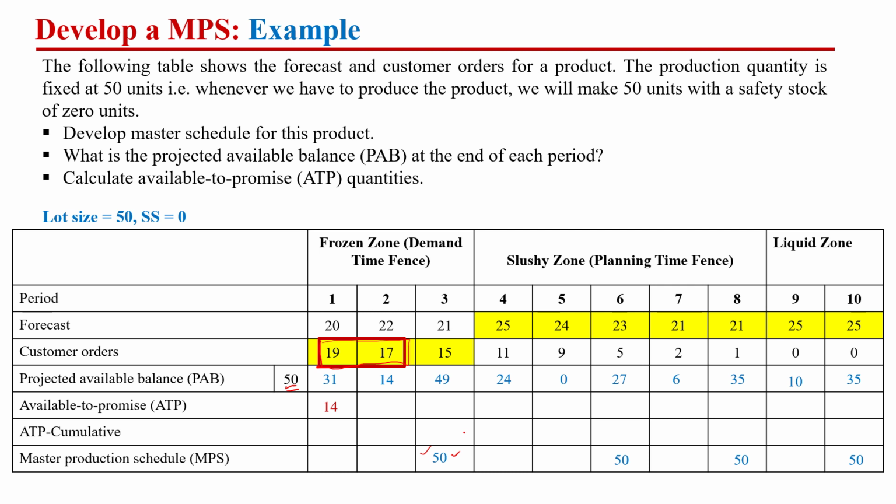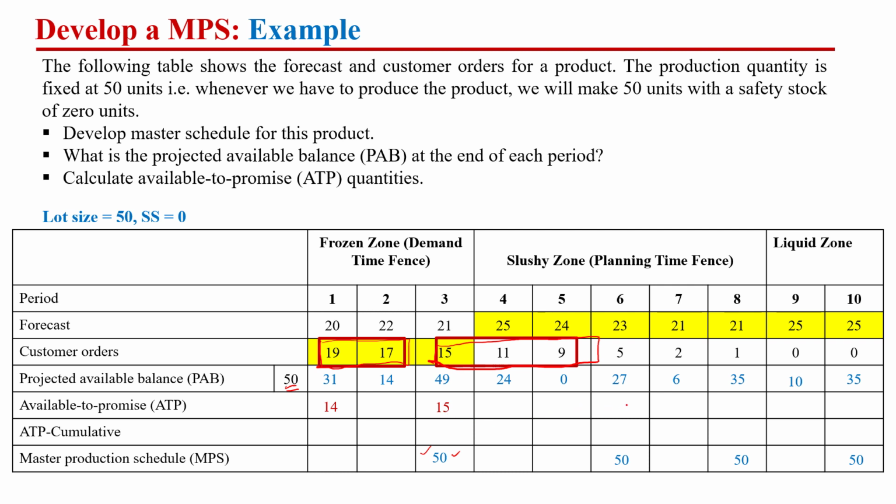The next we are going to find out is 50 minus the sum of all the demand till we have the next production quantity. So 50 minus 15 plus 11 plus 9 is going to be 15. So 9 plus 11 is 20, plus 15 is 35. So 50 minus 35 is 15.